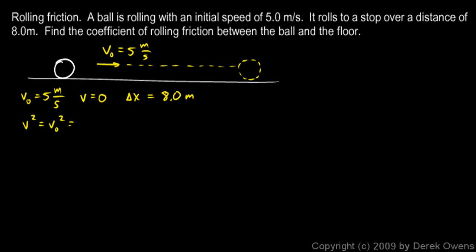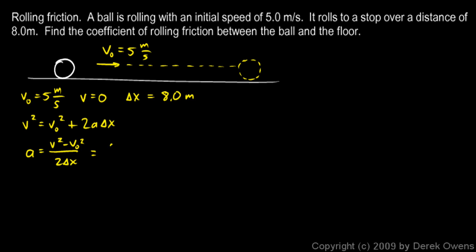V squared is V0 squared plus 2a delta x. And I know the initial and final velocities, and I know the displacement, so I can find the acceleration. If I do the algebra, a is v squared minus v0 squared over 2 delta x.